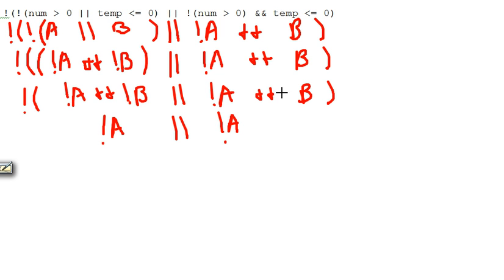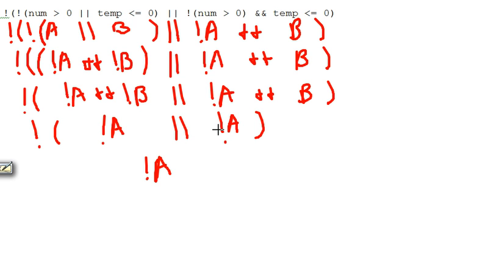This not b and this b sort of cancel out, and we're left with the not of all this. Well, this inside parentheses part simplifies to just not a, because 1 plus 1 is 1, and 0 plus 0 is 0. Remember that or is like addition.